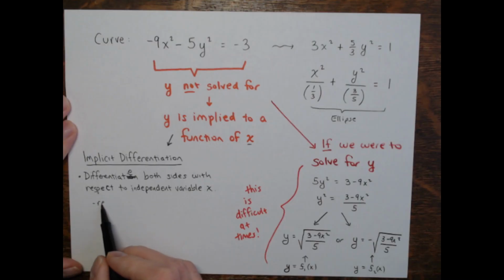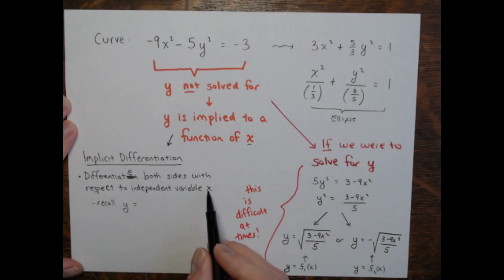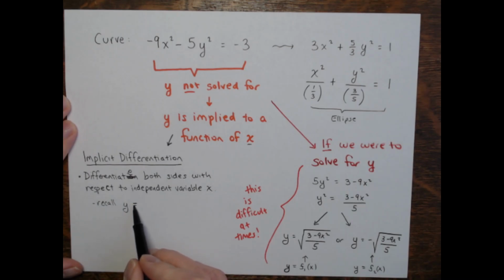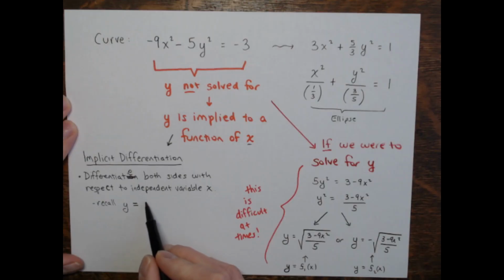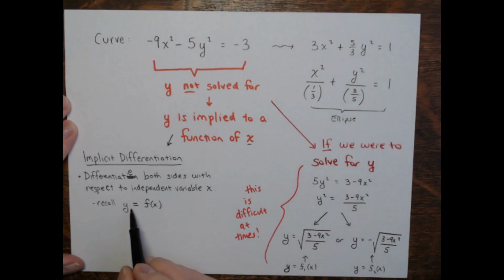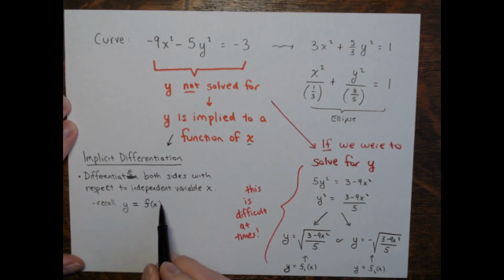And just recall that whenever you see something that doesn't have x, y is implied to be a function of x. Like, why is this the square root of 3 minus 9x squared over 5, or this negative square root of 3 minus 9x squared over 5? Y is there in place of some expression involving x.